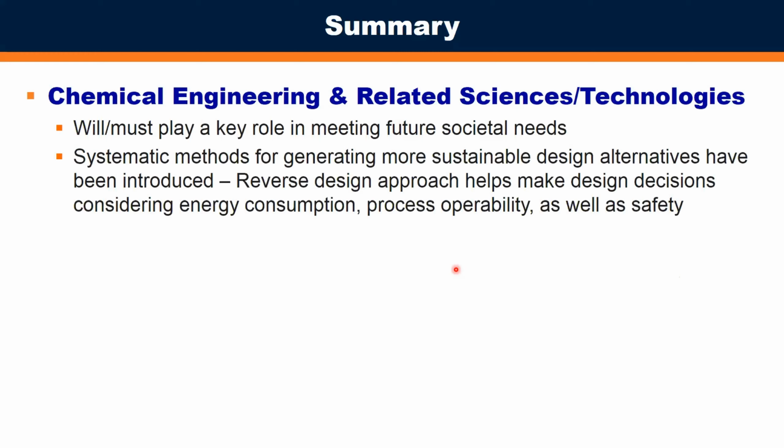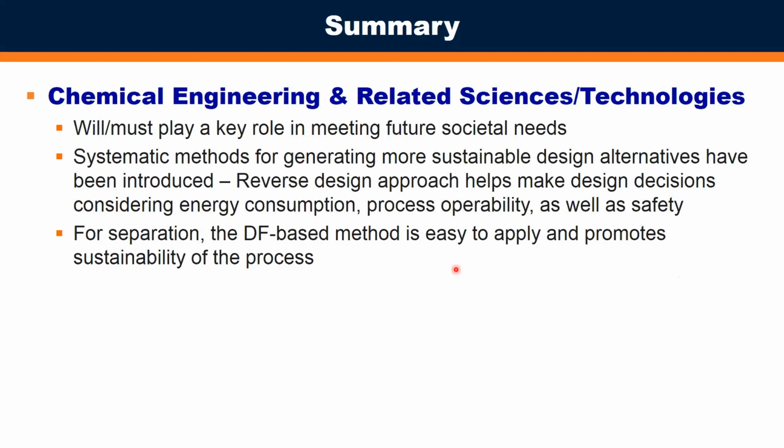The reverse design approach helps make these decisions regarding energy and operability easier. And for separation specifically, the driving force method is easy to apply. It promotes sustainability of the process because you're automatically minimizing the energy utilization and maximizing the driving force as your point of design.